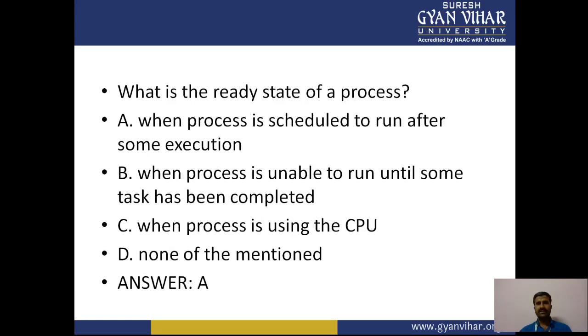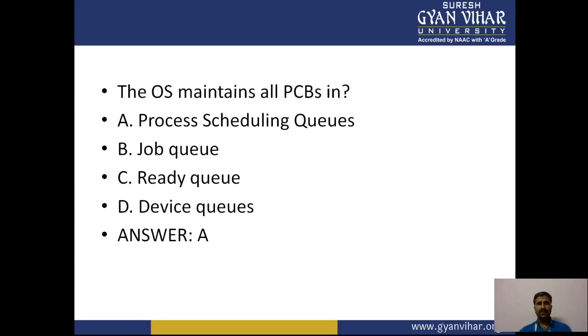What is the ready state of a process basically? When a process is scheduled to run after some execution, or when a process is unable to run until some task has been completed. So A is the right answer: when a process is scheduled to run after some execution. The operating system maintains all PCBs in dash: process scheduling queues, job queue, ready queue, device queue.